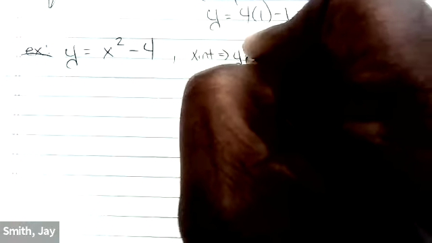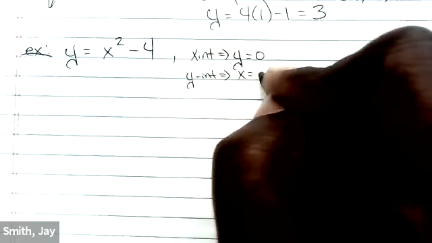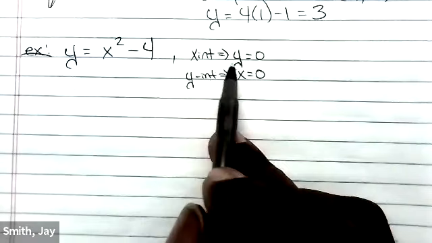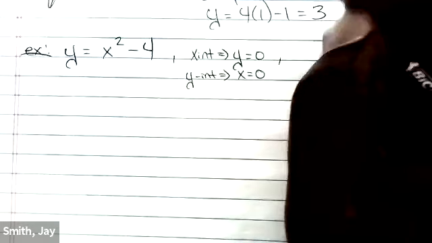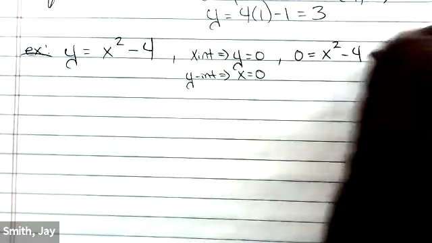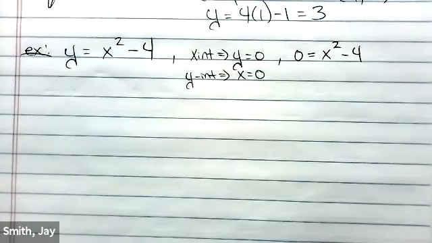My x-intercept means y is equal to 0. Y-intercept means x is equal to 0. So for the x-intercept, we have 0 is equal to x squared minus 4.